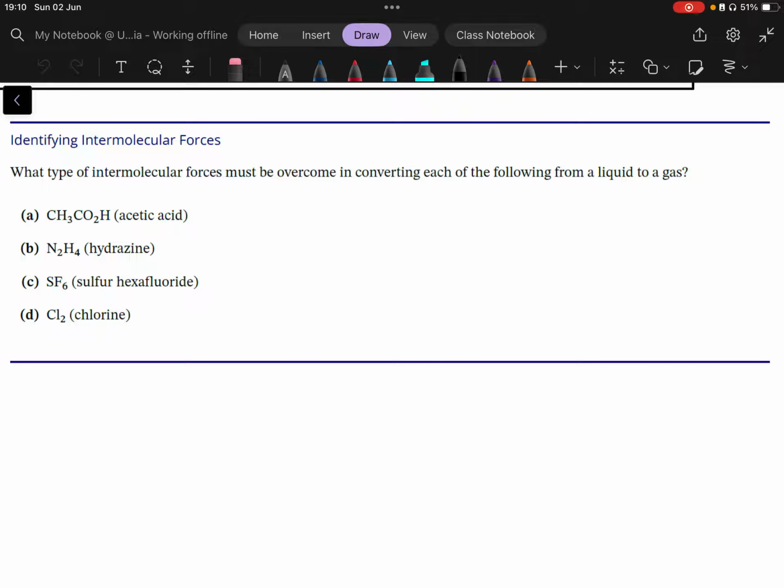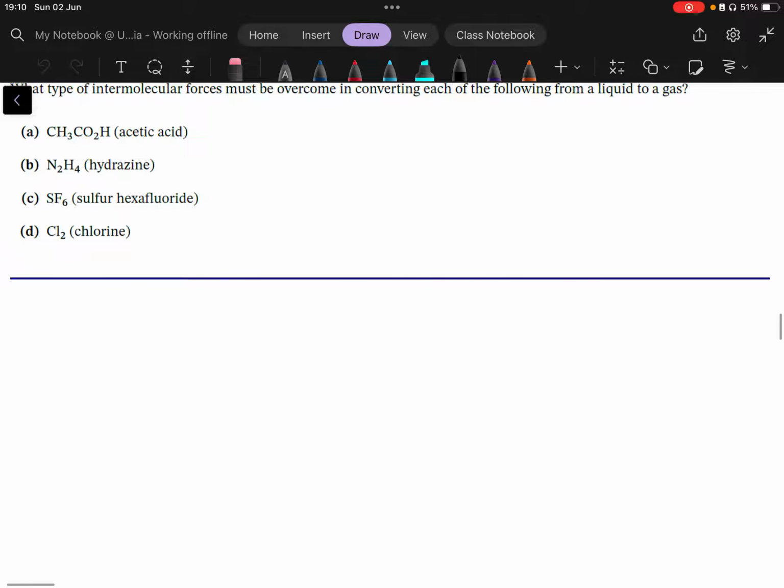So what needs to be overcome when something's in the liquid phase? Let's start with acetic acid. It's constructive to actually think about what we have, and we can write out this formula a little bit.